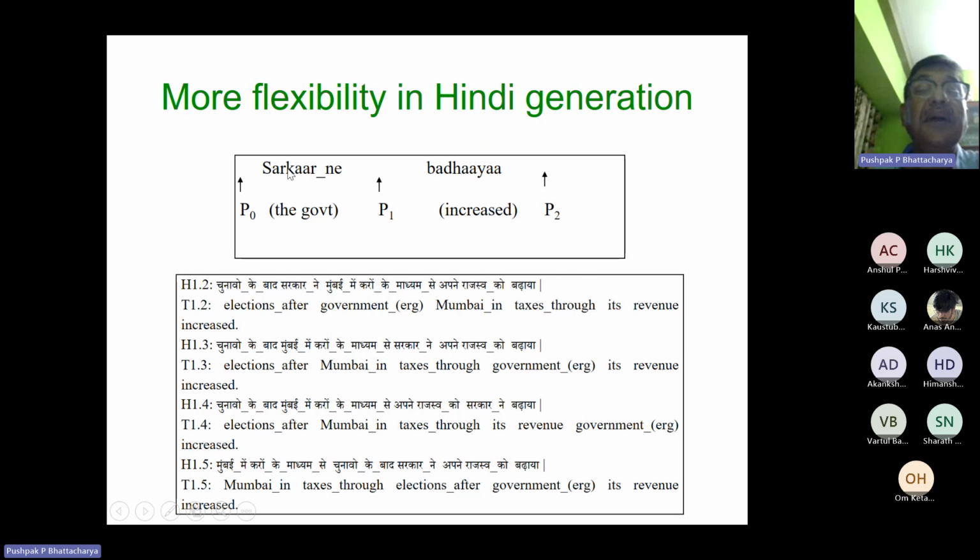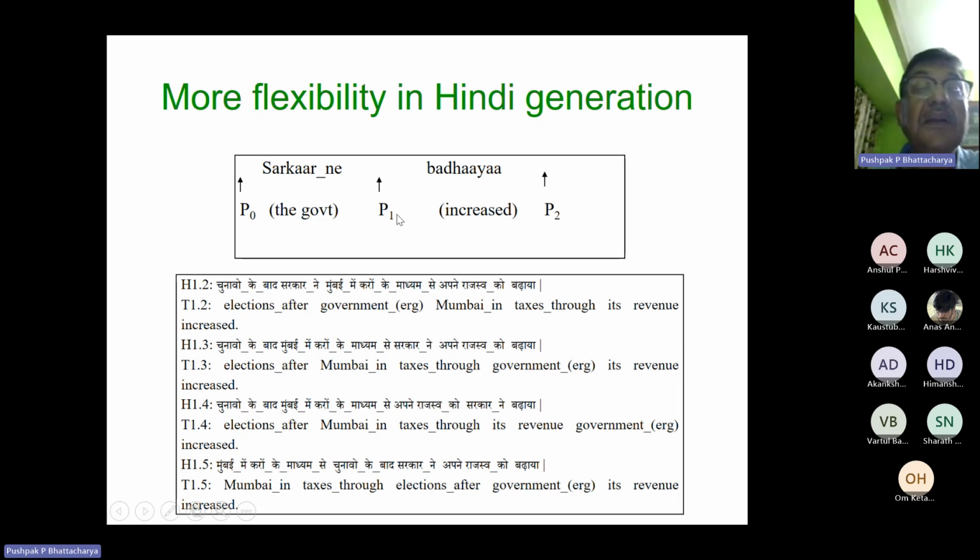Now, let's look at the Hindi core sentence. Sarkar ne badhaya, the government increased. This is the core sentence. And now the translations of the adjuncts and qualifiers will be inserted here. चुनाव के बाद सरकार ने मुंबई में करों के माध्यम से अपने राजस्व को बढ़ाया. So चुनाव के बाद has been placed at P0 position.